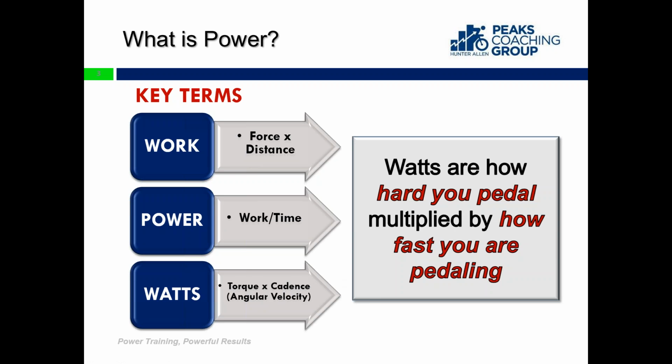To understand training in Erg programs, Erg training modes, it's really important that you get that that's how you generate a watt. Power training has gotten to be such a big thing in the world of training. Most people are adapting to the philosophies of power training. The reality is you can generate watts, when you're looking at watts on your power meter, by either pedaling harder or pedaling faster. You can do both also.